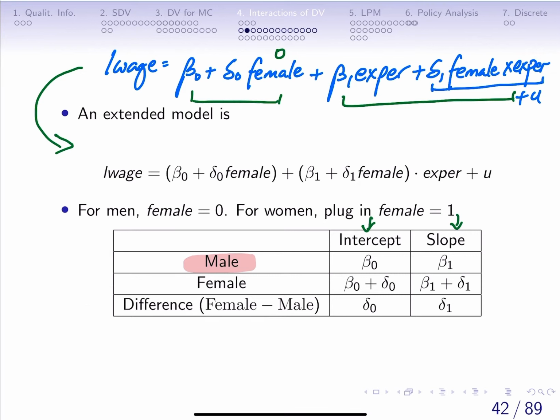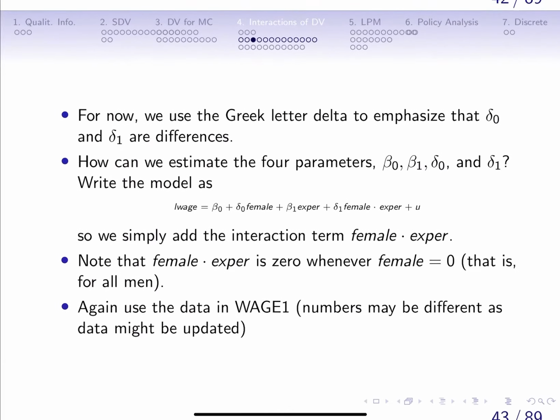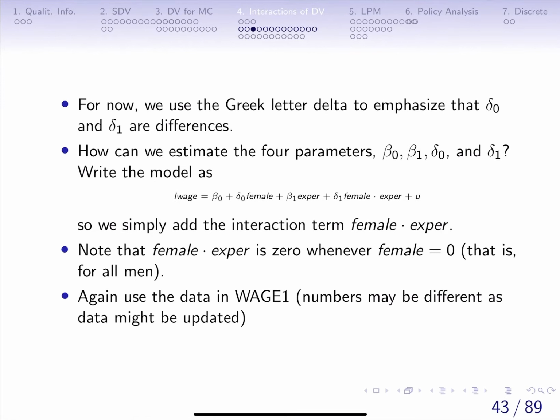Essentially, delta naught, like before, gives us the difference between females and males, and delta 1, the interaction term, gives us the difference between females and males in terms of the returns to experience. Remember that we're using the letter delta to emphasize these are the differences between the two groups.